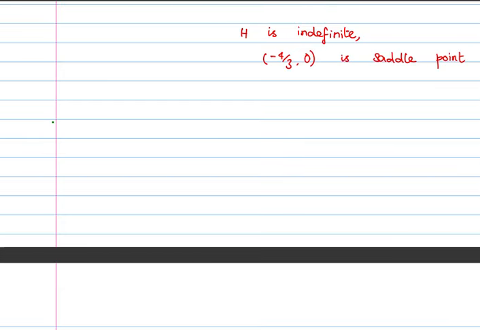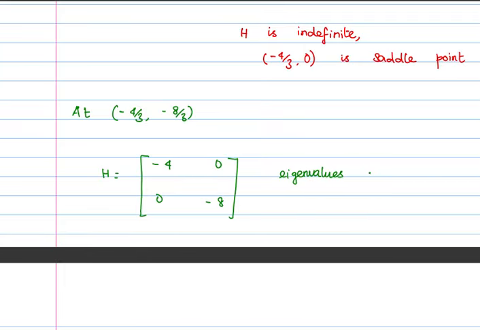The last point is (-4/3, -8/3). Then our Hessian matrix, as we already calculated, gives -4, 0, 0, and -8. So the eigenvalues are -4 and -8.